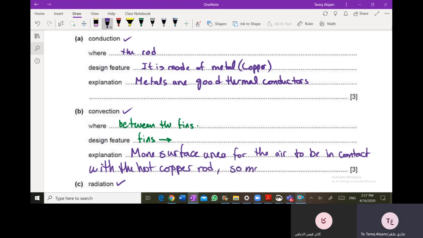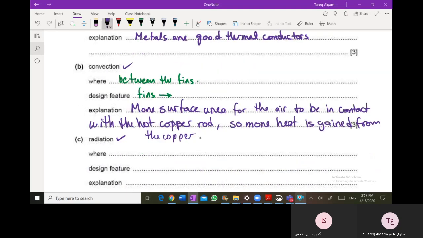So more heat is gained from the copper. Therefore, it cools down.